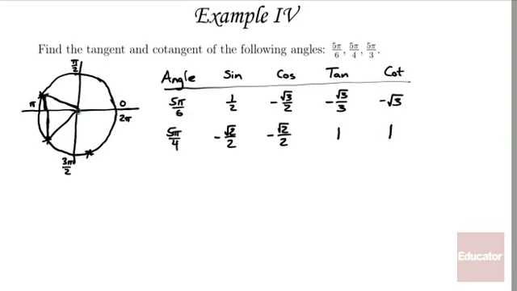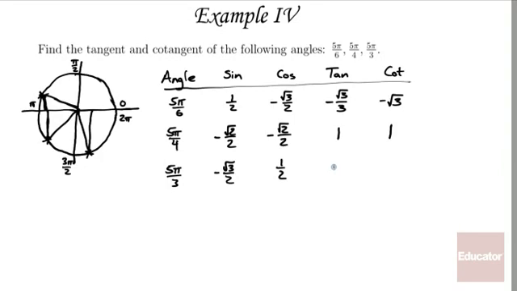Now 5 pi over 3, that's another 30, 60, 90-degree angle down here. Sine, the y value is the big one this time, so it's root 3 over 2. Cosine is 1/2. The sine is negative because we're still south of the x-axis, but the cosine is positive because we're to the right of the y-axis, meaning the x value is positive.